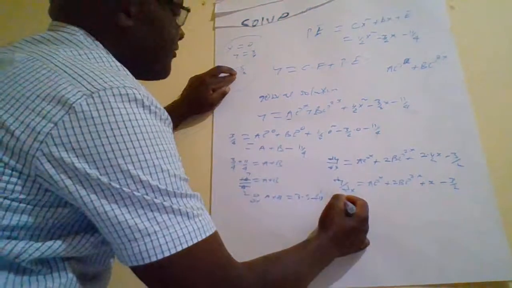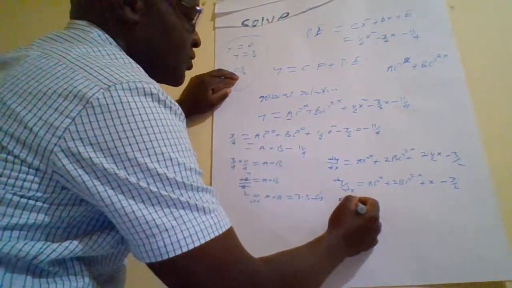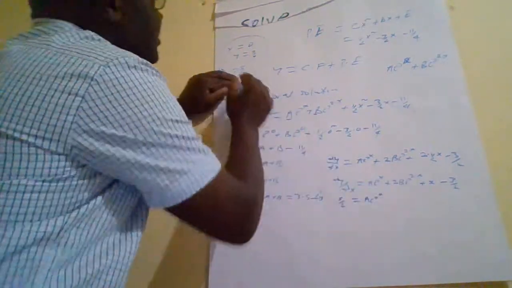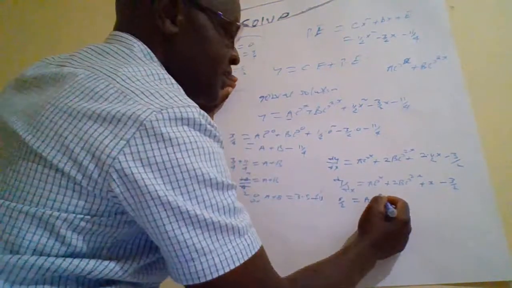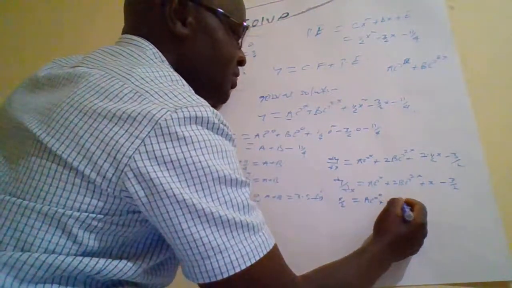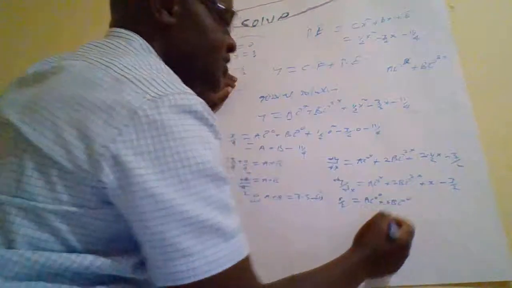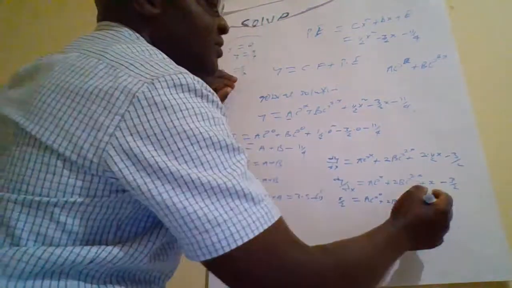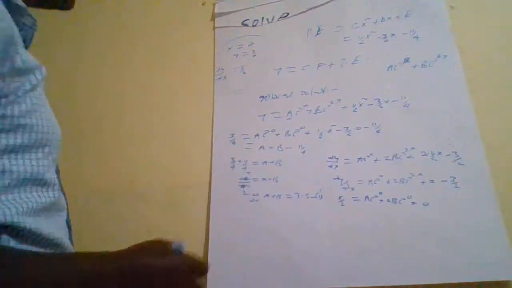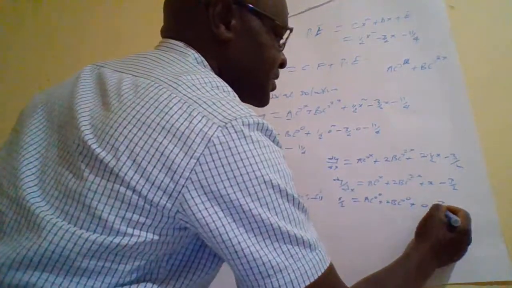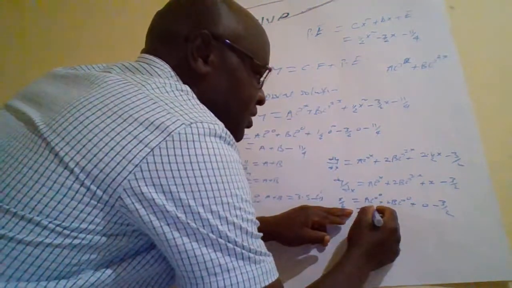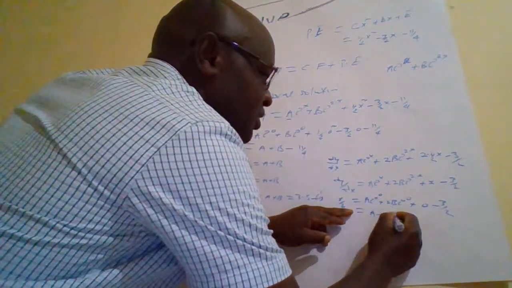So from here we have 5/2 equals a^0 plus 2b^0, then plus 0, then minus 3/2. So this will be a plus 2b minus 3/2.